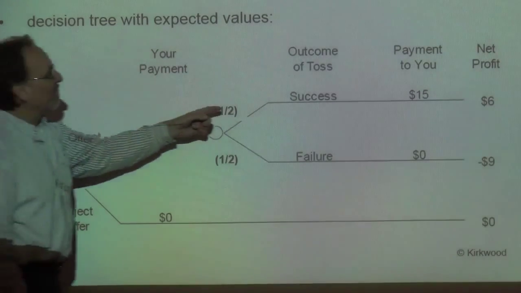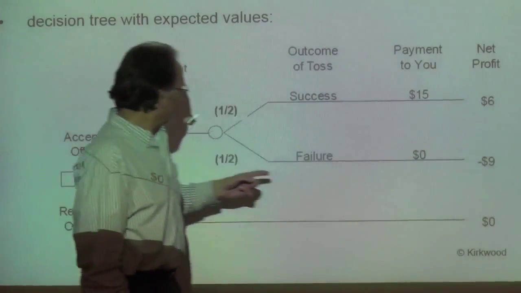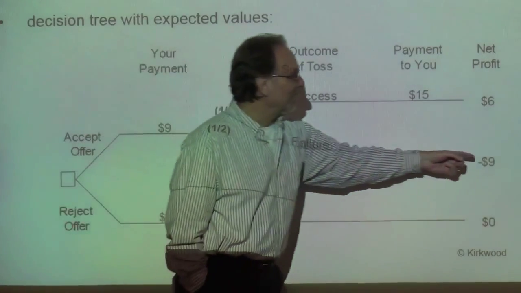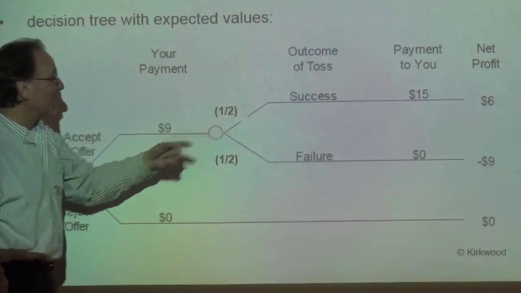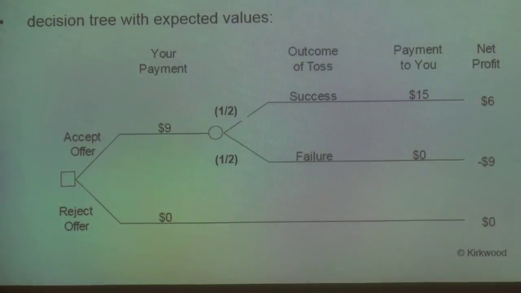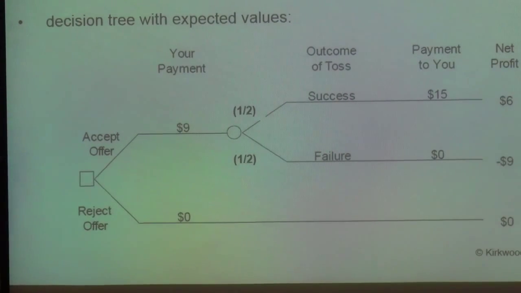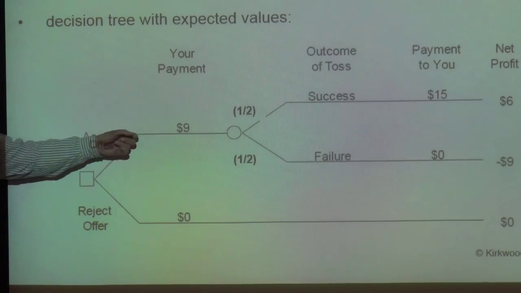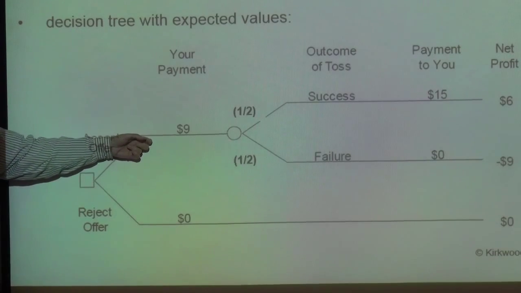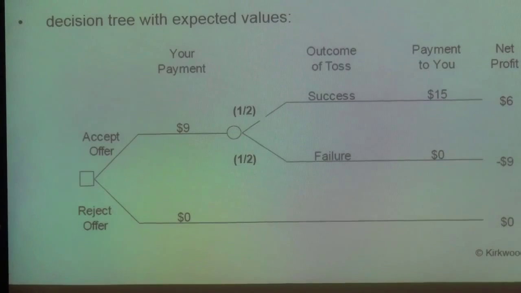It's 0.5 times 6 plus 0.5 times -9. So the expected value of this branch is -1.5 versus the expected value of not playing the game, which is 0. This tells me that I can expect to lose if I take this chance, so I might as well not. That's a real simple scenario.